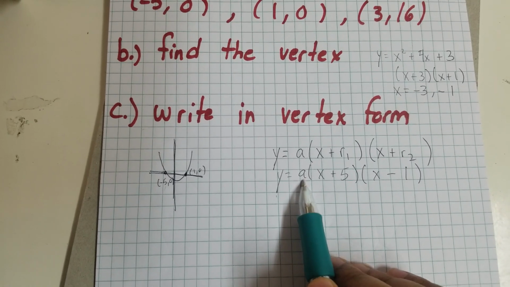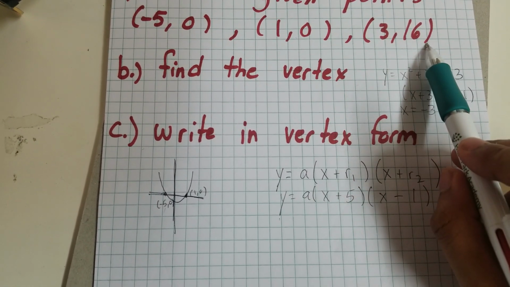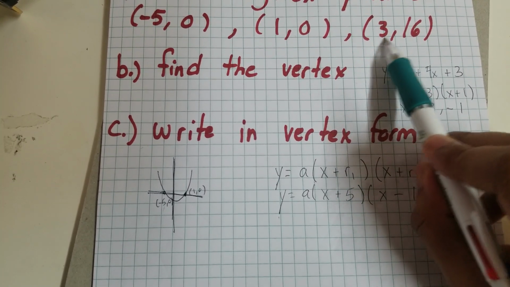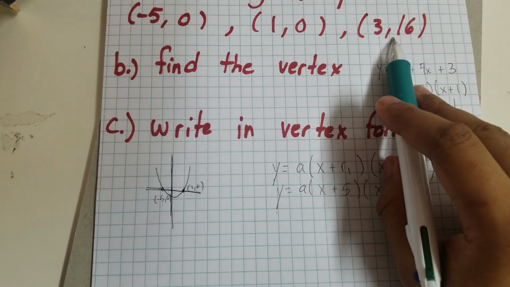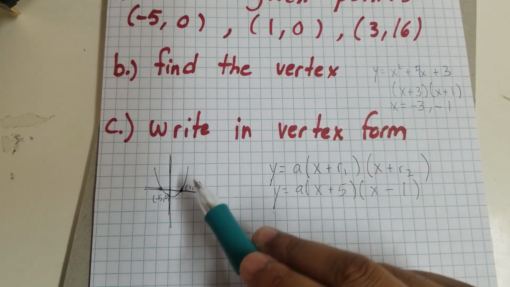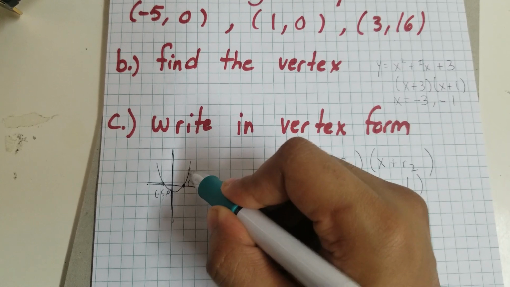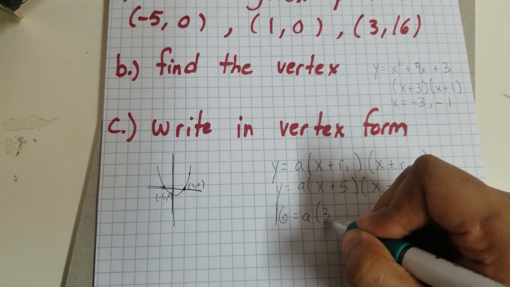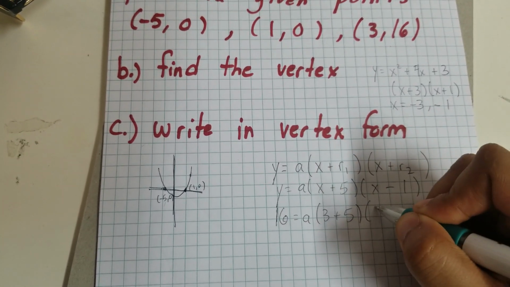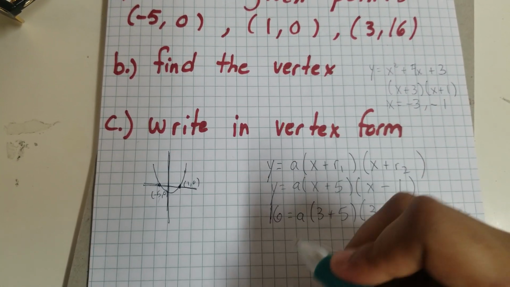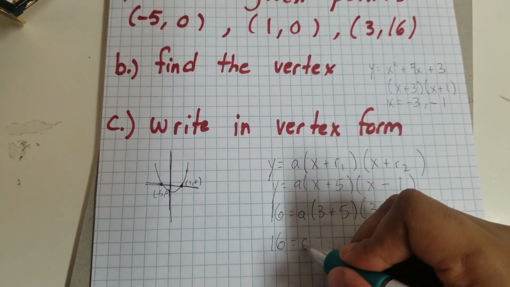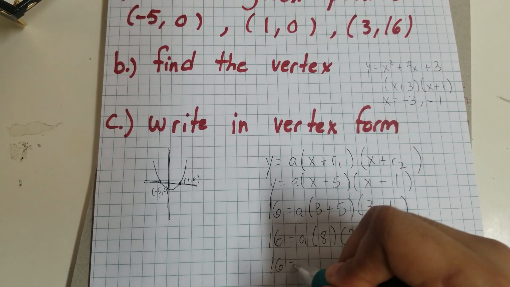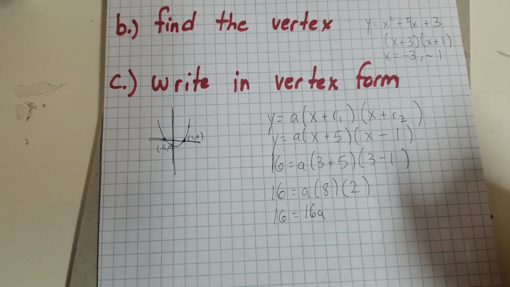To find a, I'll have to sub in this point, 3 and 16, where 3 is an x and 16 is a y. I know I can sub this into the equation because it's on the parabola, let's say somewhere here. So sub it in: 16 is equal to 3 plus 5, 3 minus 1, and I leave the a. 16 is equal to 8 times 2, and that simplifies to 16.